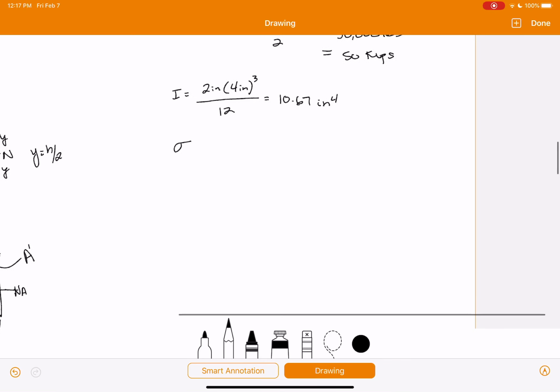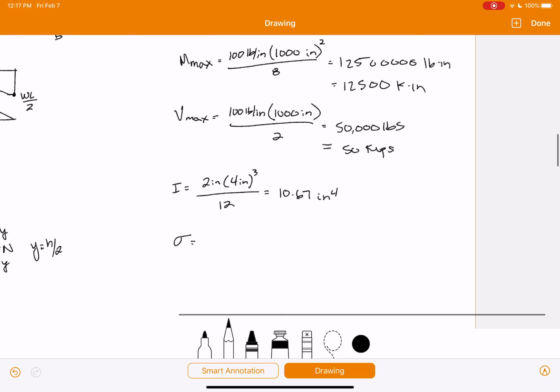We can find our bending stress, which again is going to be our max moment from above.